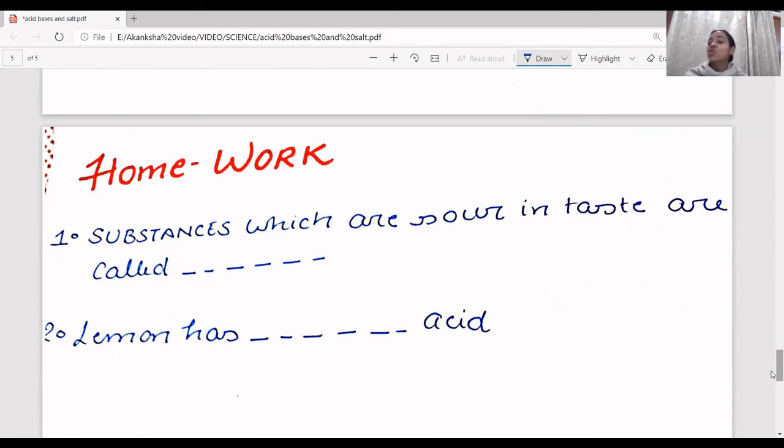Lemon has citric acid in it, and that citric acid holds an acidic property. You can say that its taste is sour, and it can turn the litmus paper from blue to red. Okay, so that is all about acids, bases and salts.